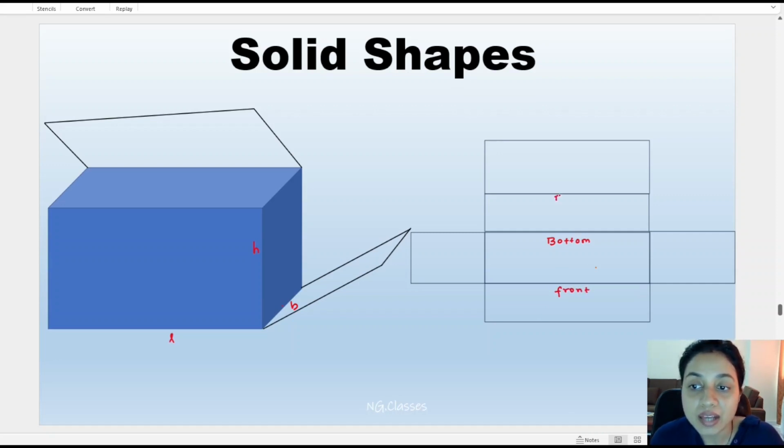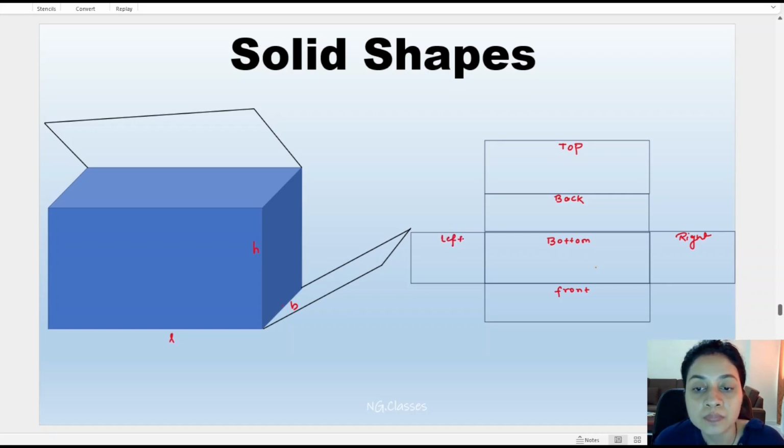This one is the back face. Here we have the top face, which just came along the back side. Now here we have the right side of this cuboid, and here we have the left side of this cuboid.